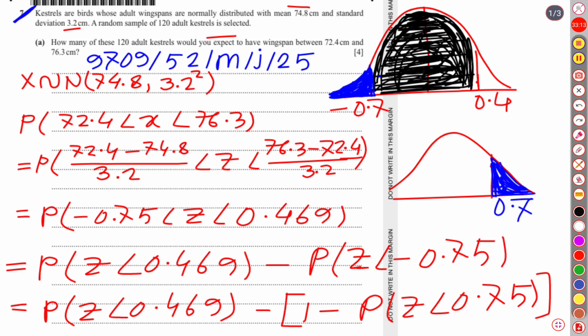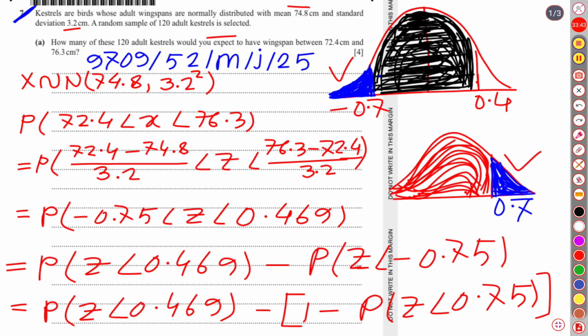So for this tiny blue part, from the whole of the probability we subtract the larger part. When the z-score is 0.75, we subtract this probability from 1, exactly like this, to get this tiny blue shaded part. So this part and this blue shaded part must be equal.